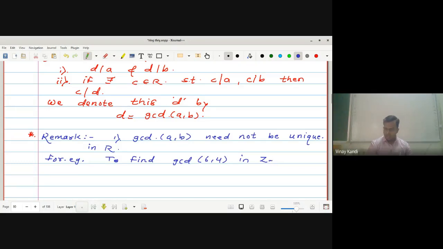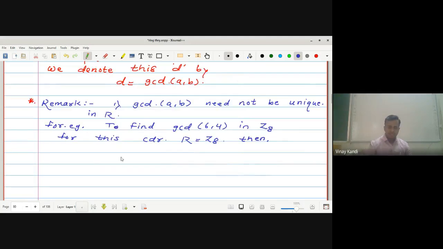Z is a commutative ring with unity. Now for the GCD of 6 and 4, consider the commutative ring Z8. Now look at what the elements of Z8 are.